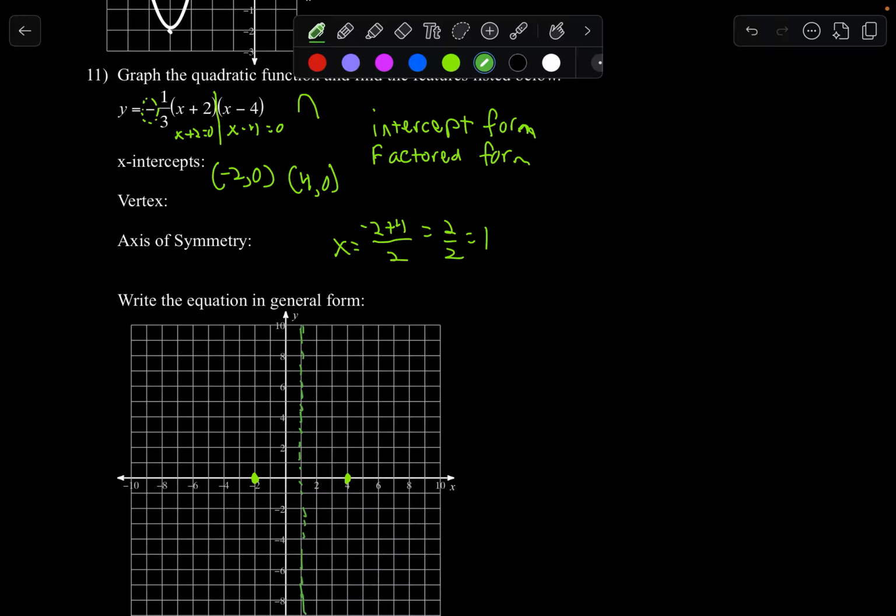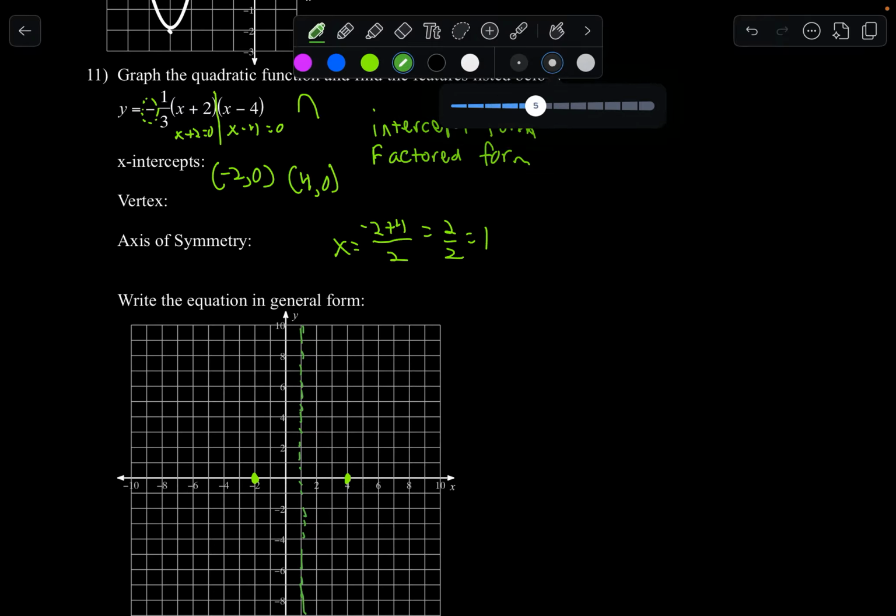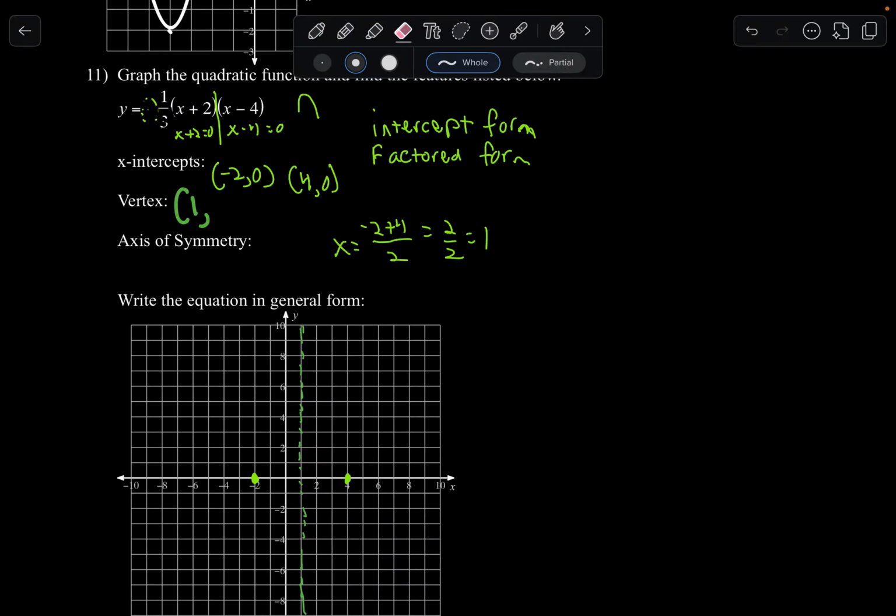The vertex is simply going to be, let me increase the thickness. Okay, so the vertex is going to be at x equals 1, comma. Now we have to plug 1 into our equation. So when we do that, we got 1 plus 2, which is, oh, golly, why does it keep doing that?